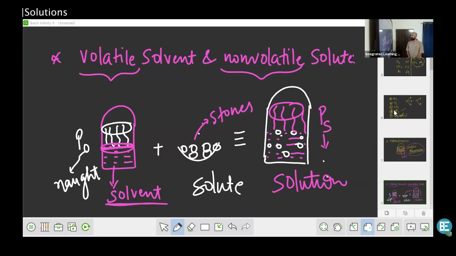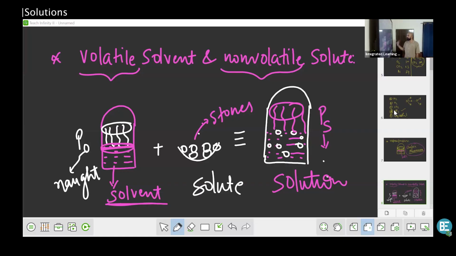As we add the non-volatile solute to it, the vapor pressure decreases. Vapor pressure decreases to PS.